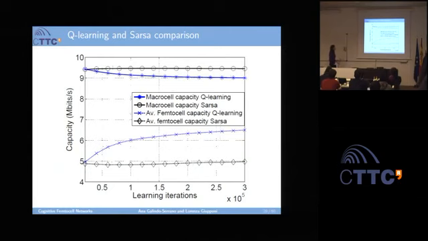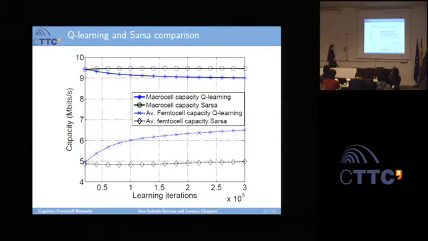And on the other hand, if we analyze the performance of both systems, we can see the same thing. Q-learning is much more risky, so it will guarantee the capacity of the macrocell, but it will not hesitate to be very near the threshold in order to increase the capacity of the femtocells. Meanwhile, SARSA will try to be very careful with the actions it takes.